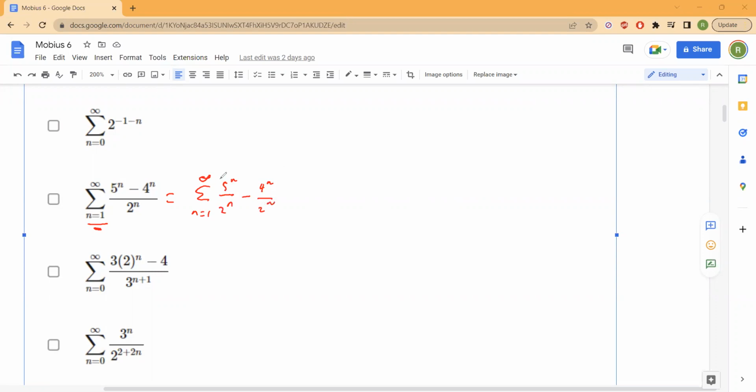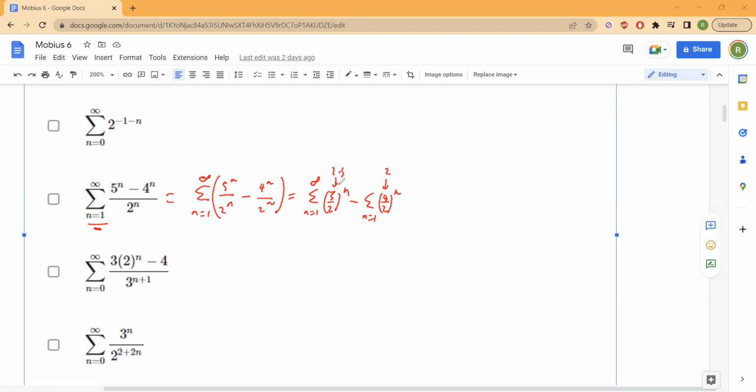Then we can split this up, and it will be the sum from n equals 1 to infinity of 5 over 2 to the power of n minus the sum from n equals 1 of 4 over 2 to the power of n. But what we'll see here is that our ratio actually is not smaller than 1. In this case, our ratio is 2.5. In this case, our ratio is 2.